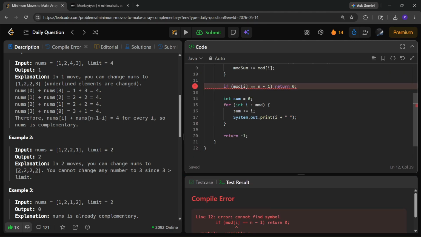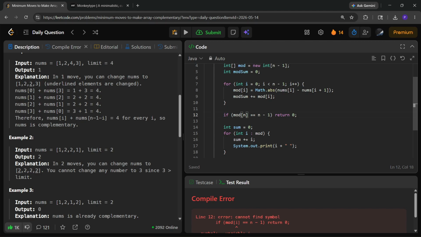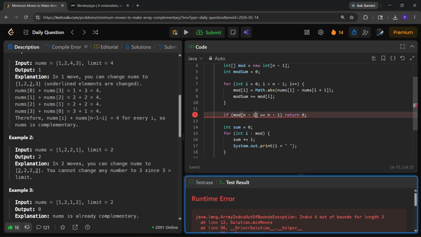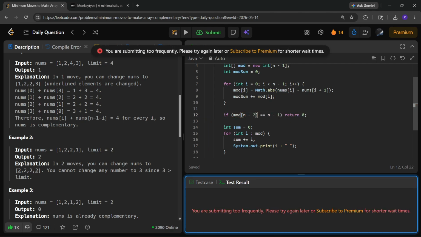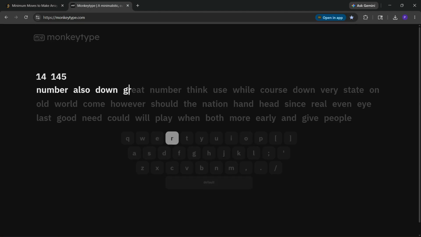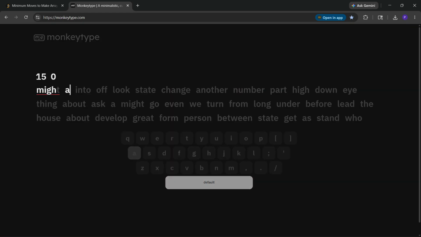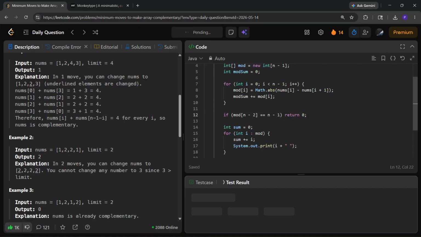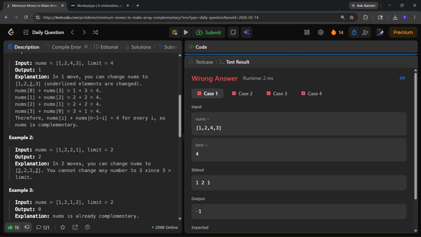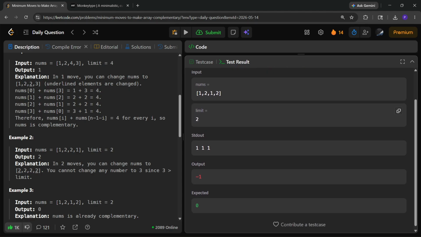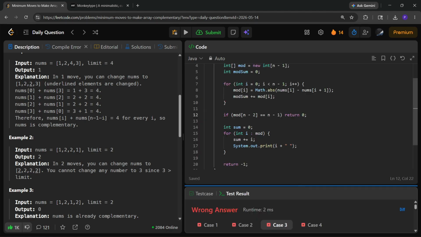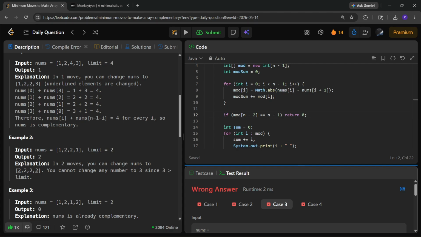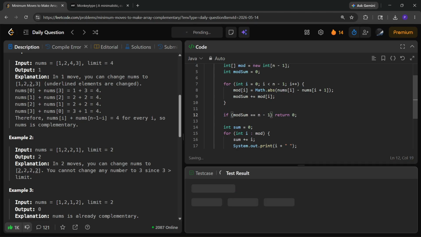And I find mod of n, the n minus 1. Okay. Mod sum equal to n minus 1.